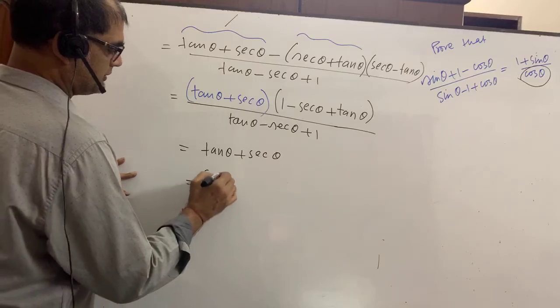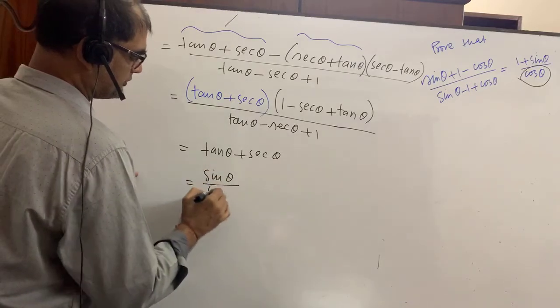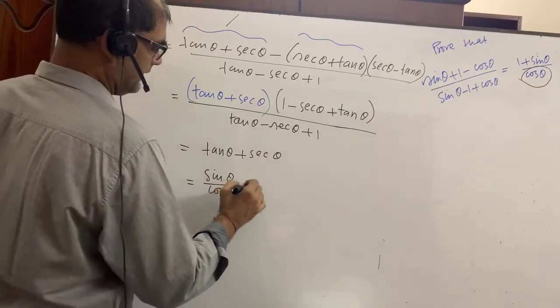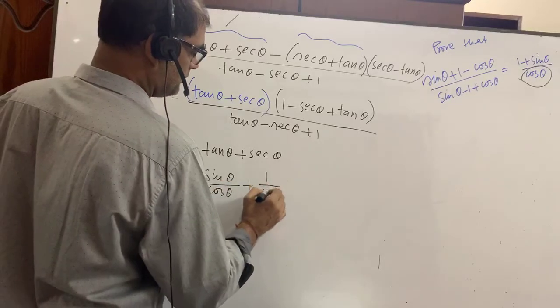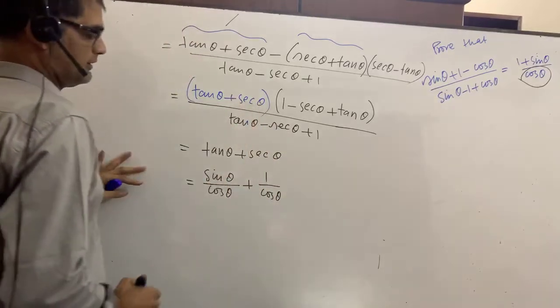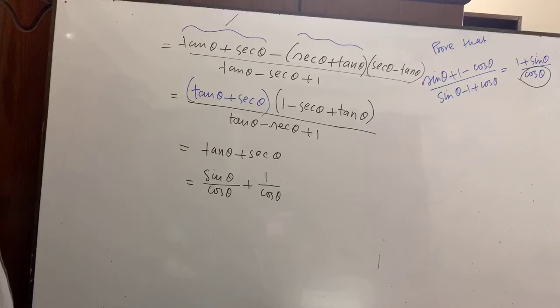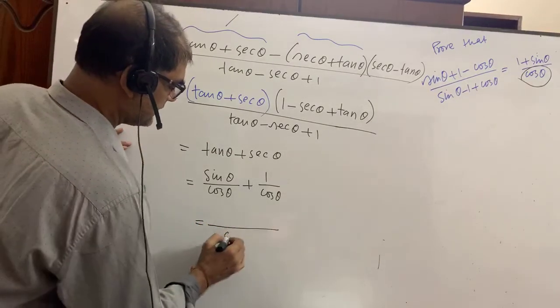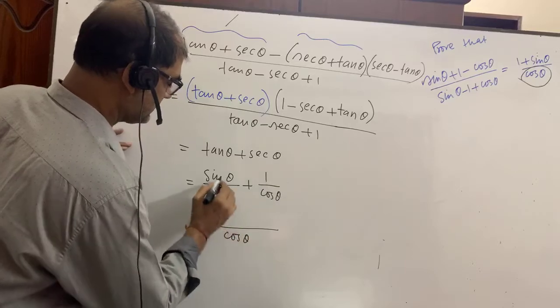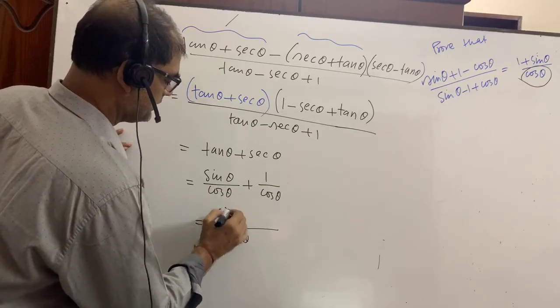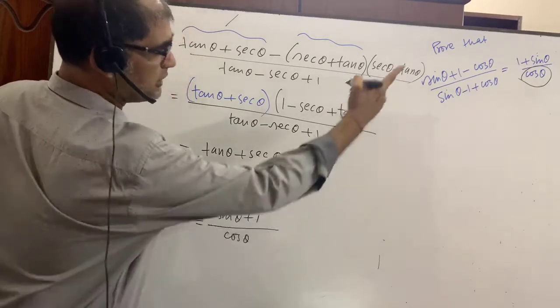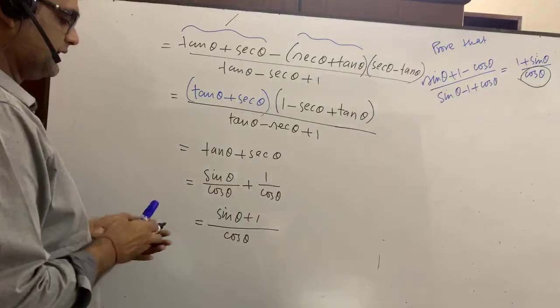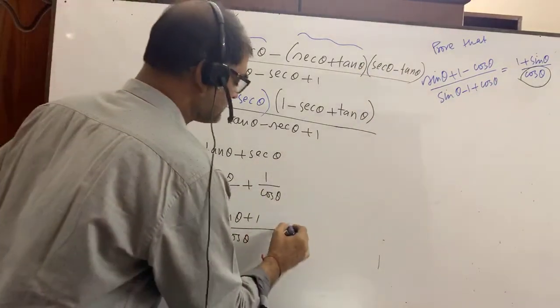Tan theta is sin theta by cos theta, and sec theta is 1 by cos theta. Now we can take the LCM, 1 by cos theta, that is sin theta plus 1, or 1 plus sin theta, whatever, it is equal to the right hand side.